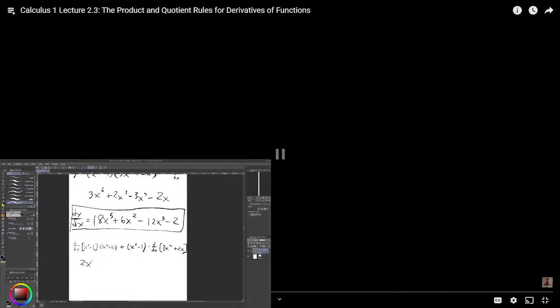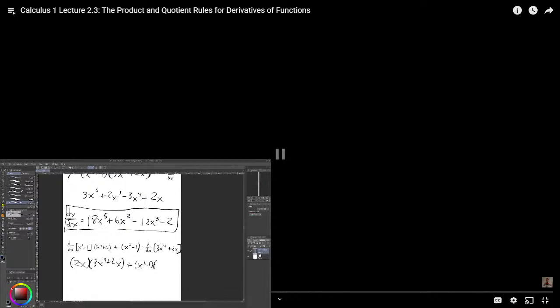So this would be 2x times 3x to the power of 4 plus 2x, plus x squared minus 1 times 12x cubed plus 2.